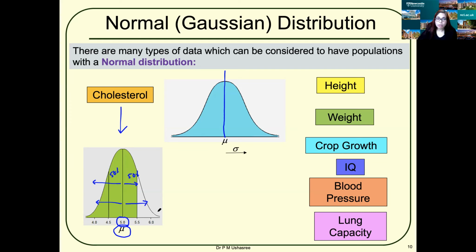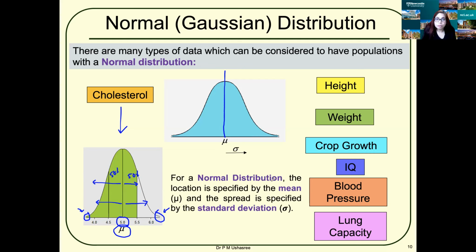What I'm trying to say is, as you go towards the extreme ends on either side of the population mean, an adult with a cholesterol level in this region is less likely to occur. And these will be our outliers.